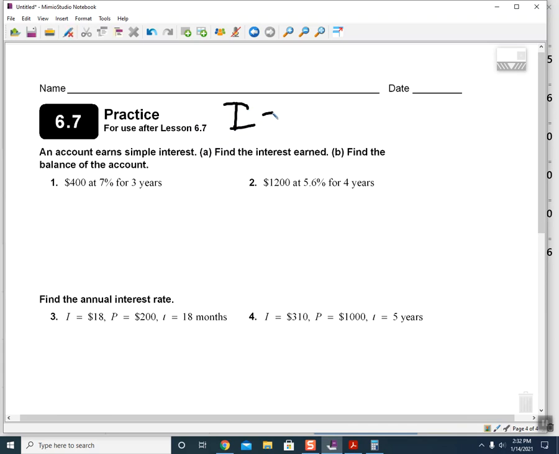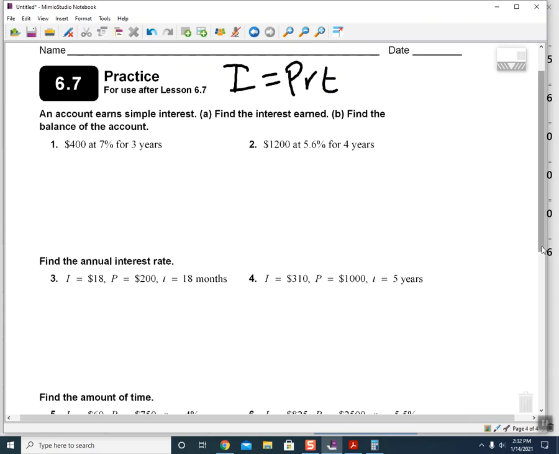So we've got I equals PRT. Let's look at this first one. So I'm just plugging in what I know. I need to find the simple interest. So my interest is going to be my principal, $400, times my rate as a decimal, so 0.07, times my number of years, which is 3.